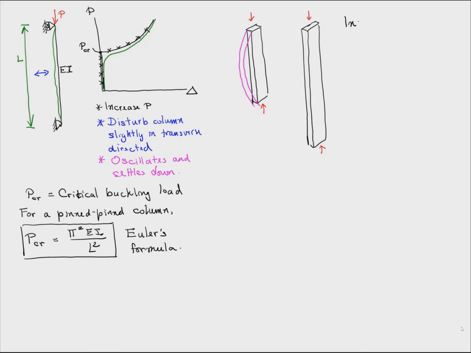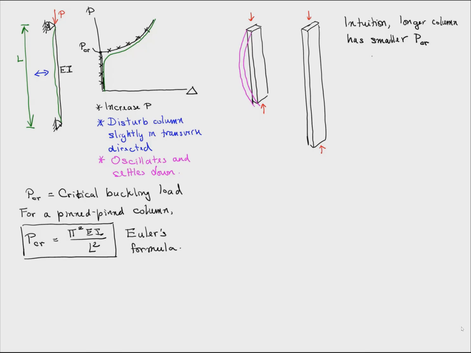From intuition, we see that the longer column will buckle more easily, or the longer column has smaller critical buckling load.